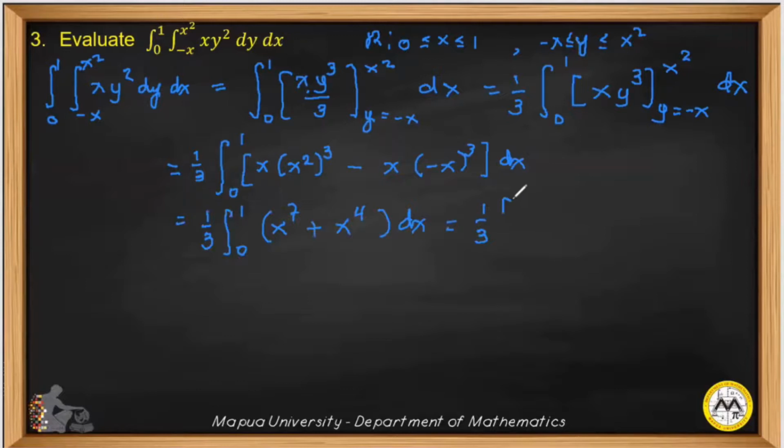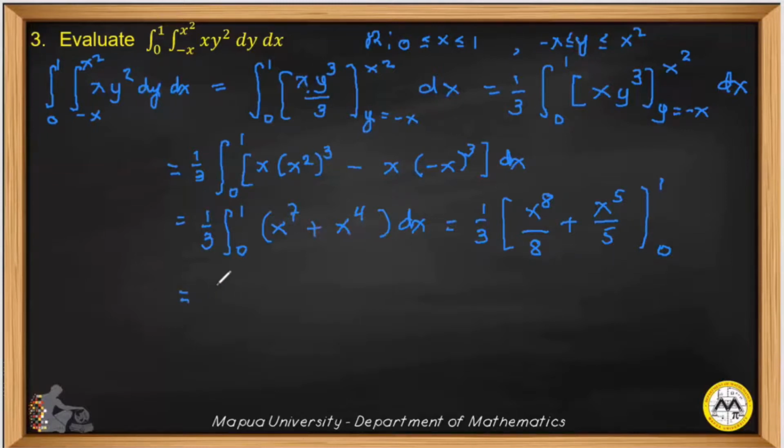1/3 times the integral of x to the 7th dx is x raised to 8 over 8, then plus the integral of x to the fourth dx is x raised to 5 over 5. And we have to evaluate this from the lower limit 0 to the upper limit 1.